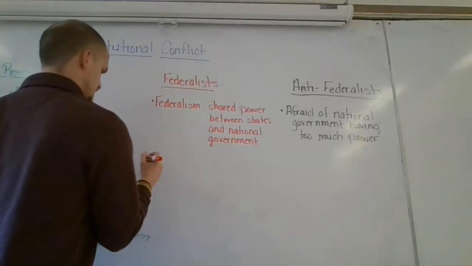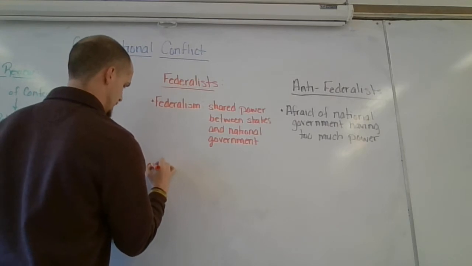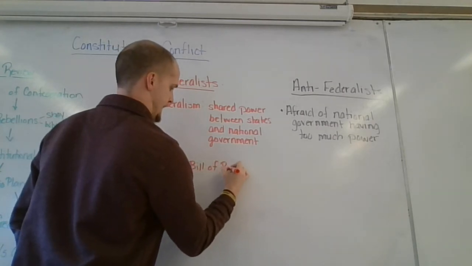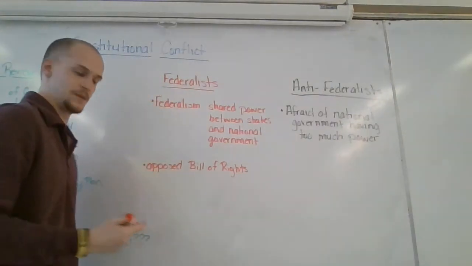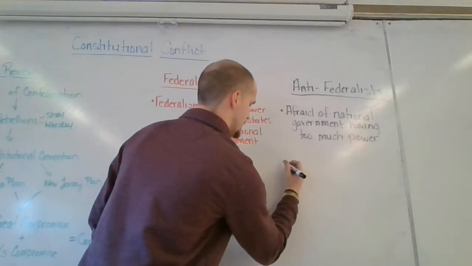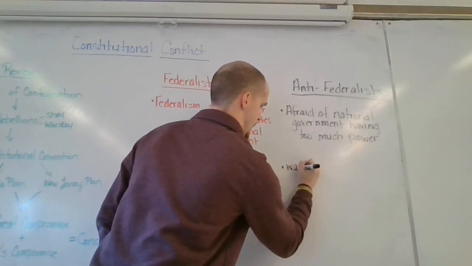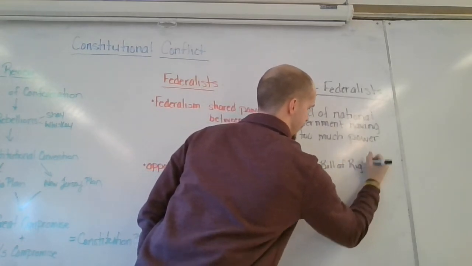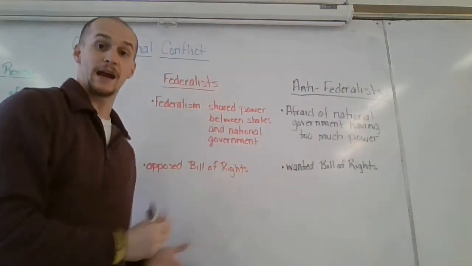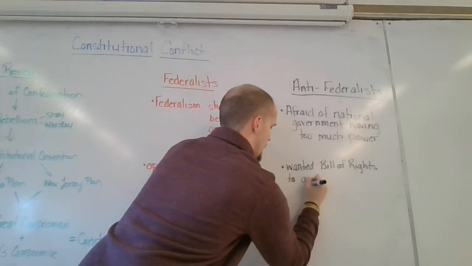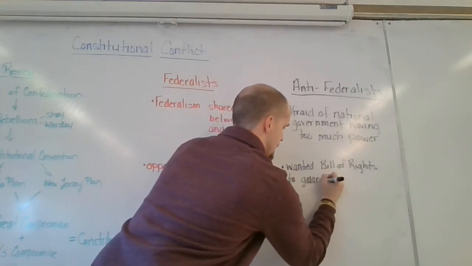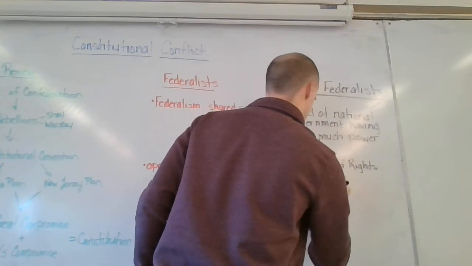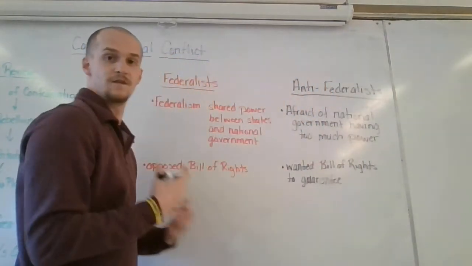So the Federalists opposed having a Bill of Rights, but the Anti-Federalists wanted a Bill of Rights to guarantee individual rights.